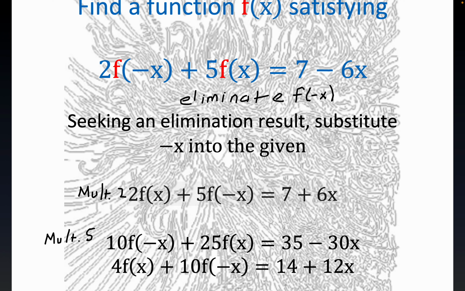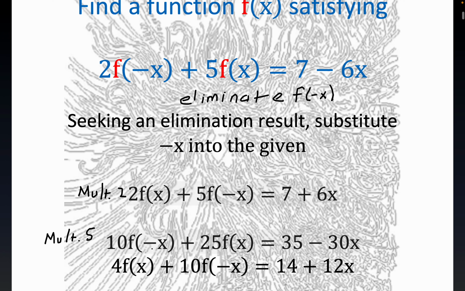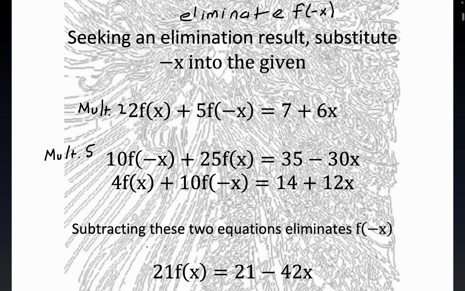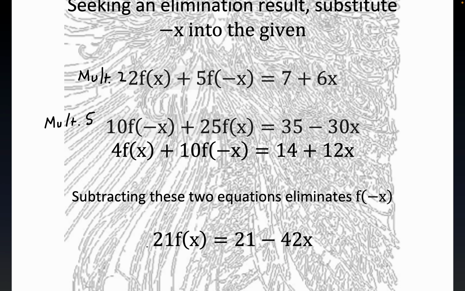Multiply this object by 2, and we do get a circumstance where the f of negative x terms will eliminate. All right, and so when you subtract these two equations from each other, these two terms eliminate. 25 minus 4 is 21. 35 minus 14 is also 21. And negative 30 minus 12 is minus 42.